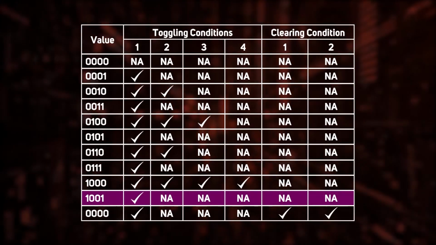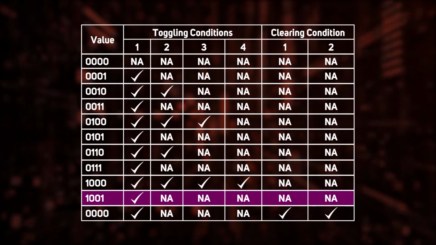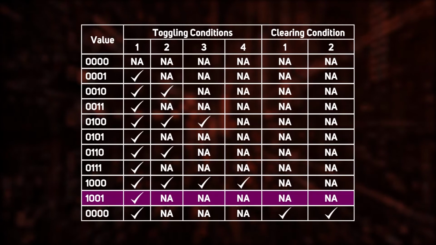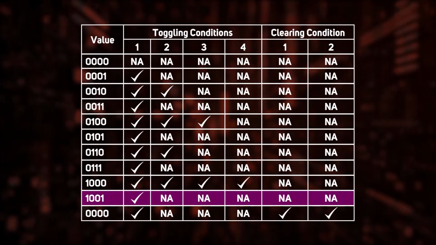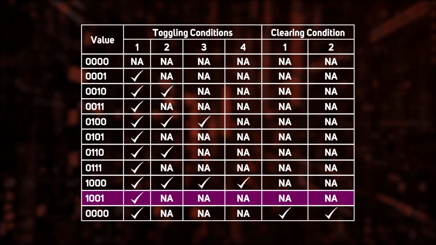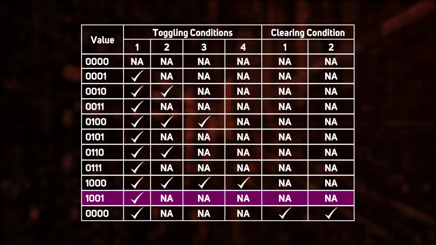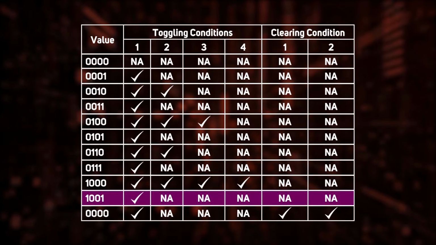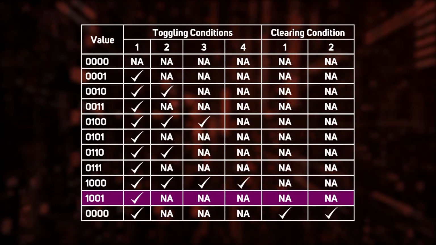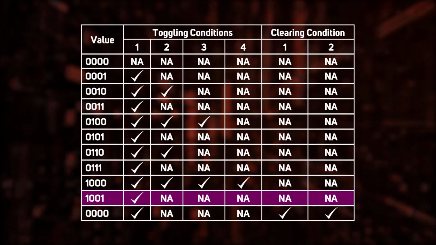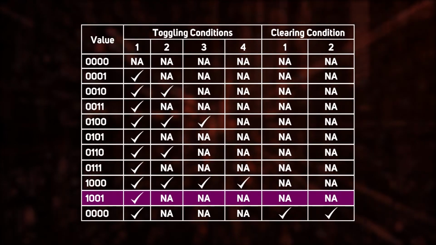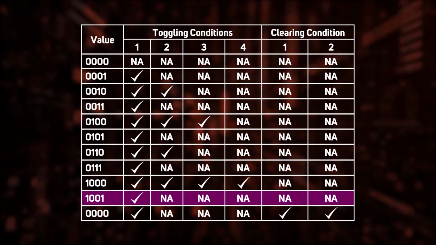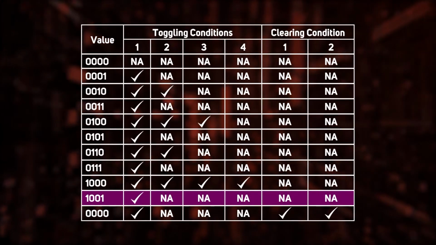Since Q8 is 1, you need to set Q2 to 0, and finally Q8 is set to 0, because Q4 and Q2 are 0 and Q1 just turned from 1 to 0, and the state of the counter becomes 0000. That is how the BCD counter works and resets to 0 when it reaches the value 1001.